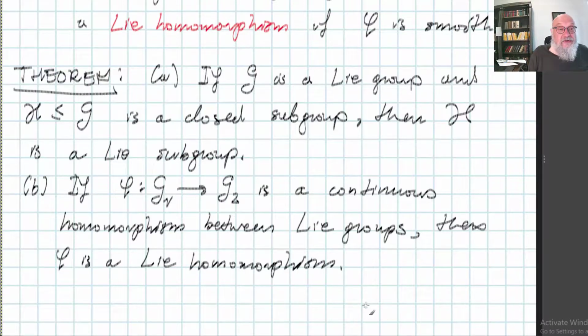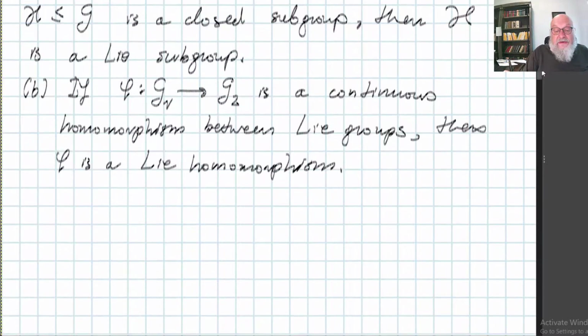And that's very strange. Continuity here implies differentiability.